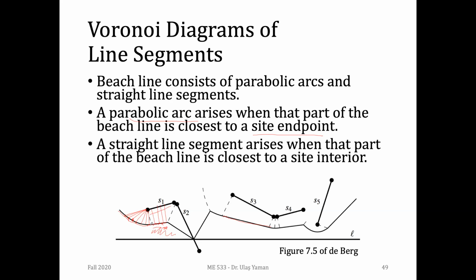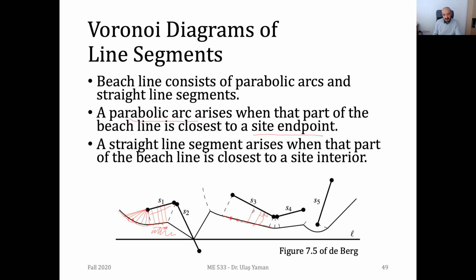Exactly, that part. No, we don't have any parallel requirements. If you look here, for instance, it's not parallel. The thing is that any point on this beach line has its closest distance to the line segments like this one.